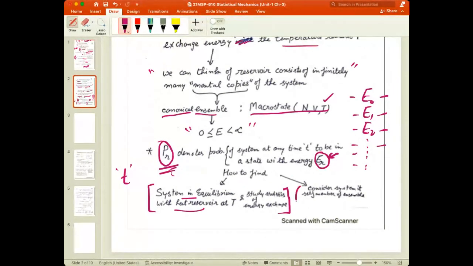Another scenario is that, as I said above, you consider your system to be part of a large number of ensemble elements which make the full ensemble, the canonical ensemble. Your system is one member, and it is exchanging energy with all other members, but everyone is at a constant temperature T. That is the ensemble consideration.